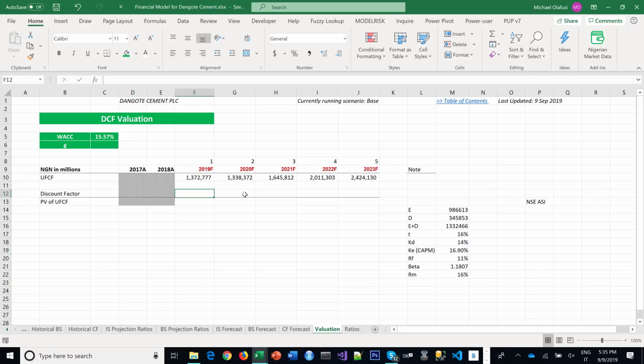So right now, the discount factor is 1 divided by, in brackets, 1 plus the discount rate, then raised to the power of how many periods into the future. So this is 1 year into the future. That gets me this.